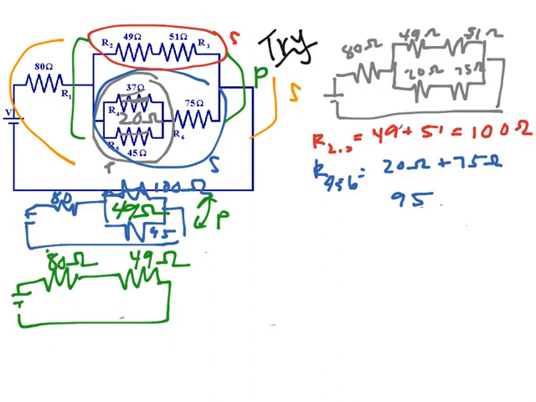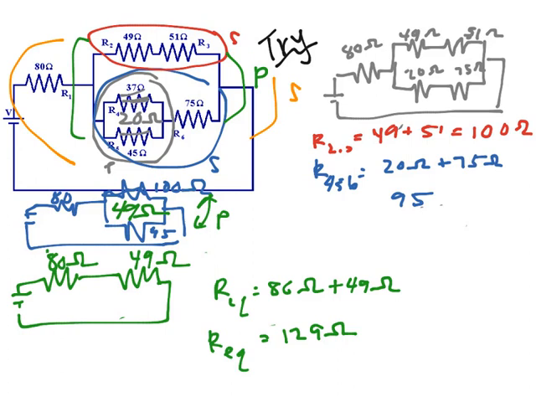So for R equivalent of everything, you can just add 80 plus 49, 129 ohms is your R equivalent. So if you were to draw this one last time, it would just be one resistor that is 129 ohms.